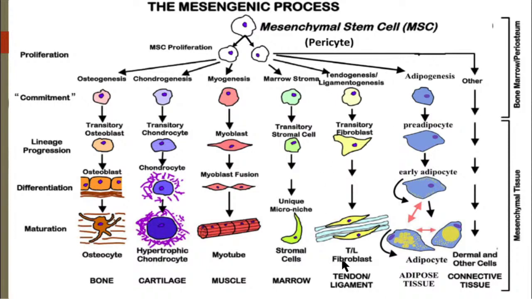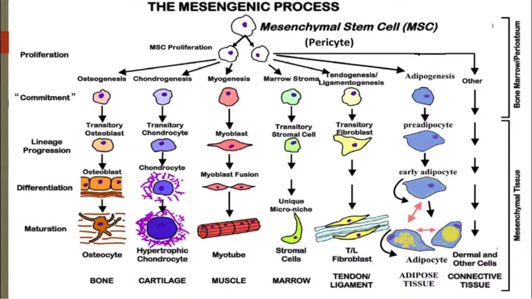Again, we have visible transitory fibroblast cells. These transitory fibroblast cells can migrate to any area where new ligaments or tendons form. And of course, the major cell is named fibrocyte.